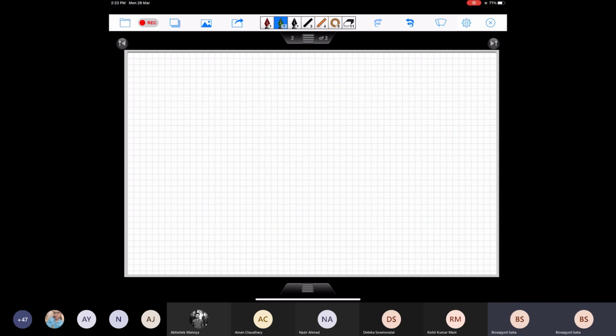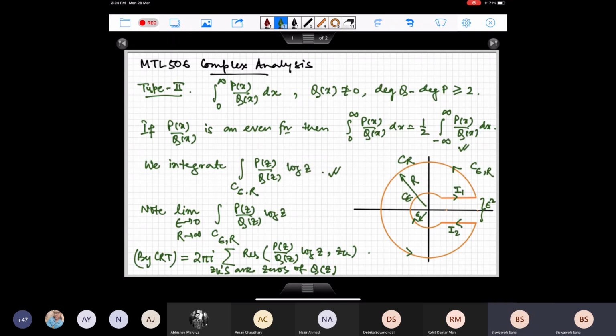Okay, fine. Let's notice this. By the ML inequality, what is log z? Actually, log z by definition, as we have seen, is log mod z plus i times argument of z. That's generally the definition of the logarithm.